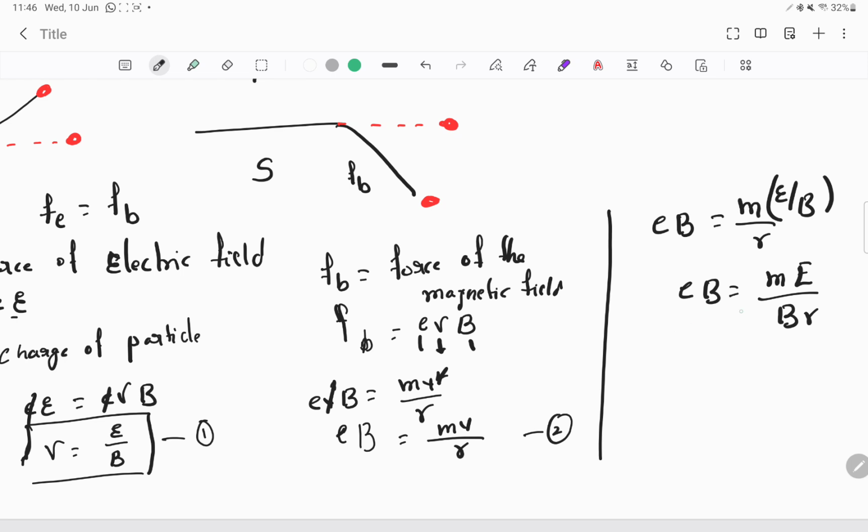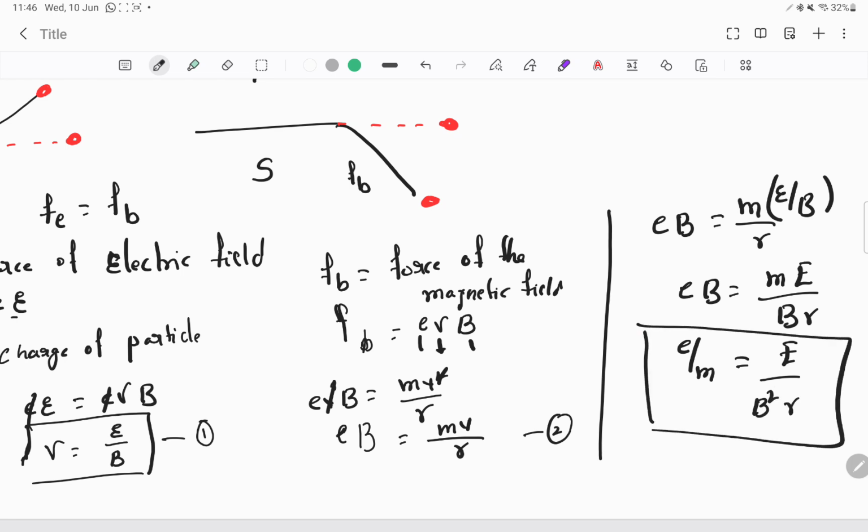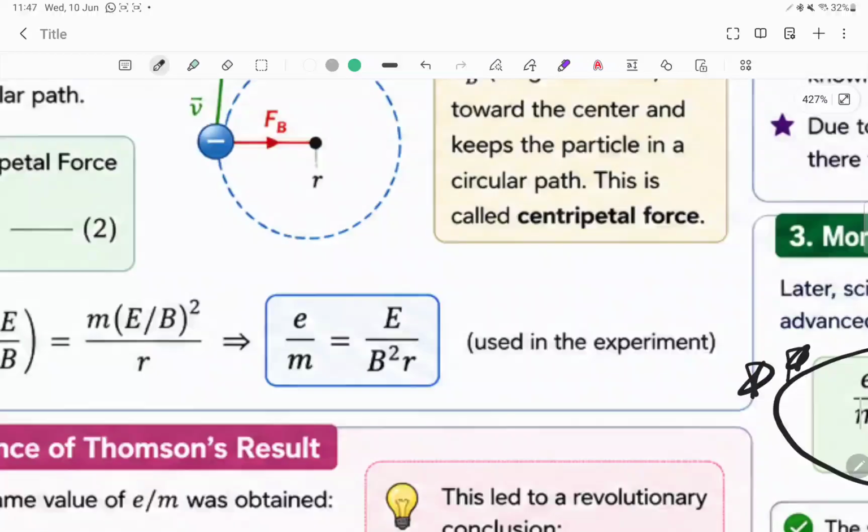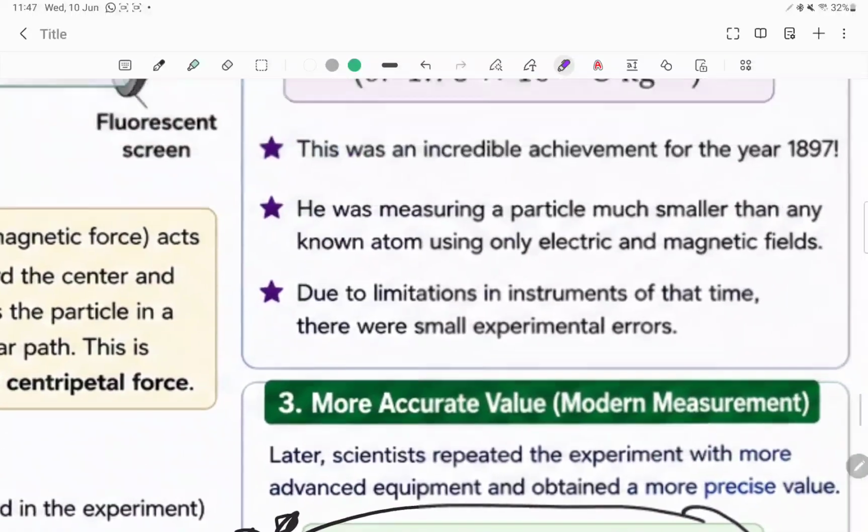Let's take m this side, B this side. So e by m equal to E by B square R. This is the equation J. Thomson used to determine the e by m ratio.